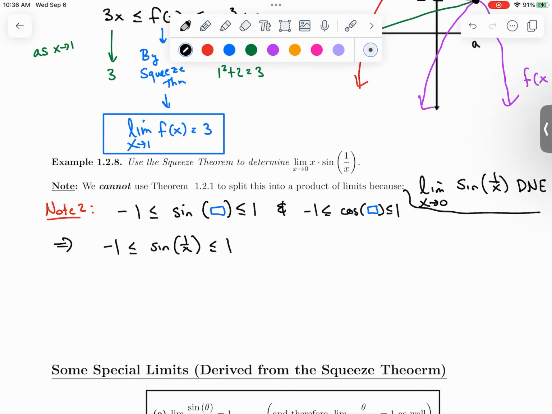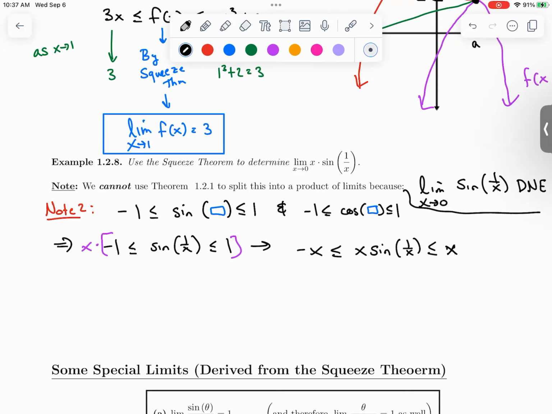Well, that's looking awfully close to my limit in question. All I'm missing is an x. But what if I were to multiply this entire inequality by x? Then I would get -x is less than or equal to x sine of 1 over x, which is less than or equal to x.